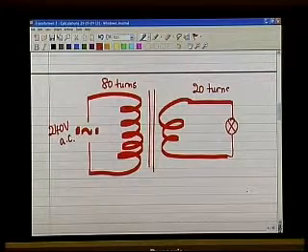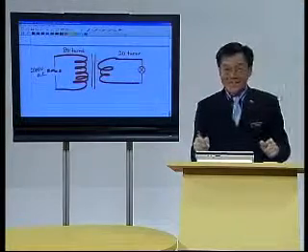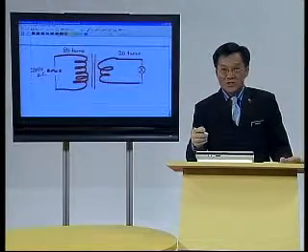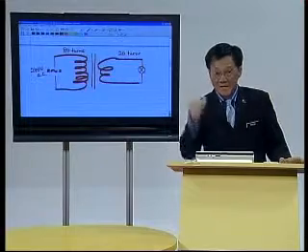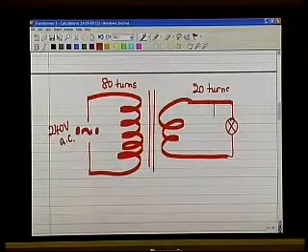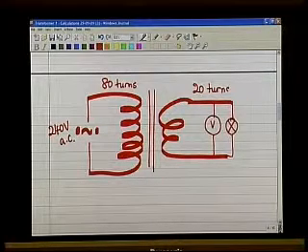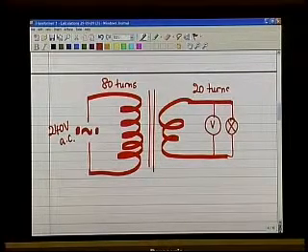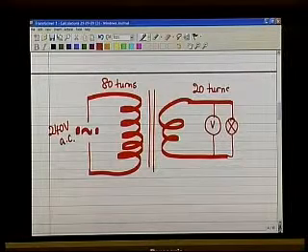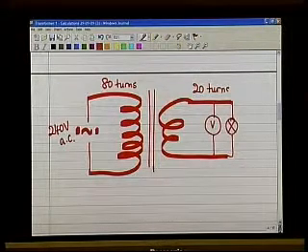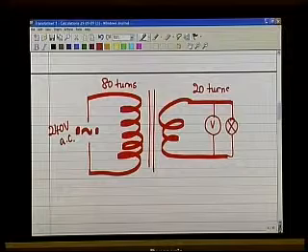Okay? So if you look at the question, it says, what is the potential difference across the bulb? What is the potential difference here? Now with this diagram, it becomes a clear picture. This is the secondary. On the right hand side is the secondary coil.